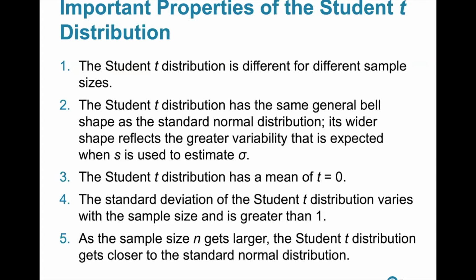Number three, the student t-distribution has a mean of t equals 0. Number four, the standard deviation of the student t-distribution varies with the sample size and is greater than 1. And number five, as the sample size n gets larger, the student t-distribution gets closer to the standard normal distribution.